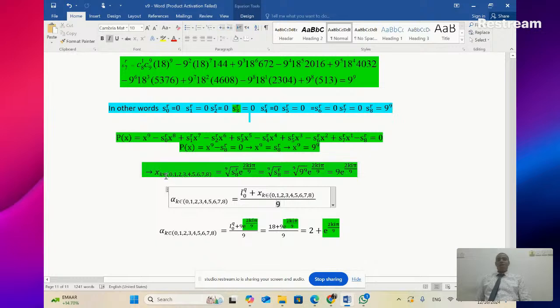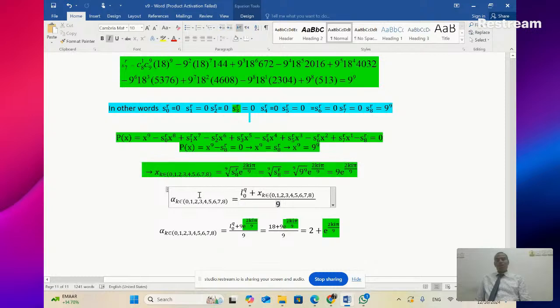Therefore, x subscript k, that ranges from 0 to 8, is the ninth root of s8 over r times exponential 2k i pi over 9. Of course, 9 raised to the power 9, all raised to the power 1 over 9, is 9 to the power 1, which is 9.